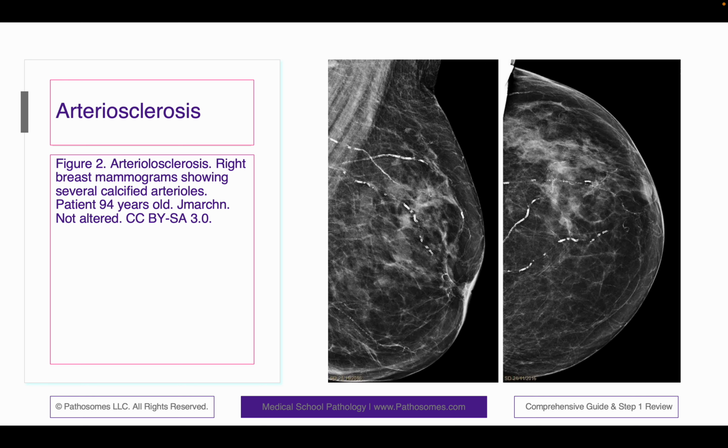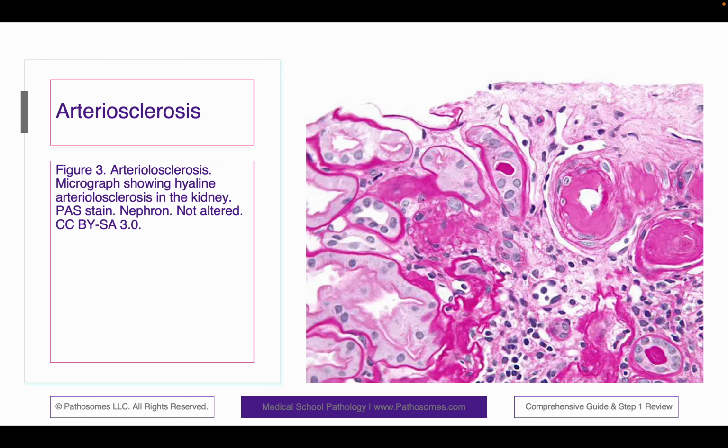Now here we have an example of arteriolosclerosis. Can you see in this image the breast mammograms showing several calcified arterioles? Here's another example of a micrograph showing hyaline arteriolosclerosis in the kidney.